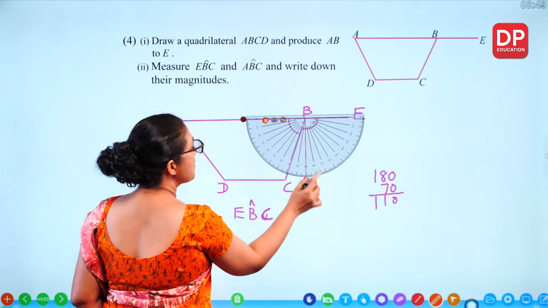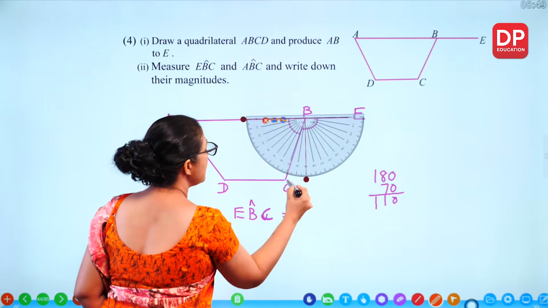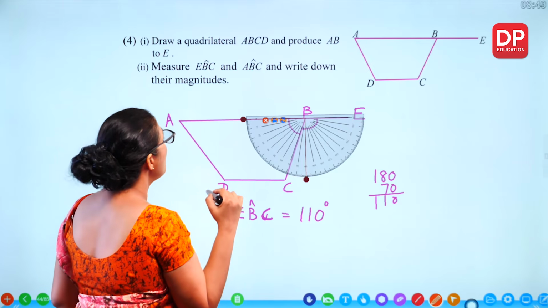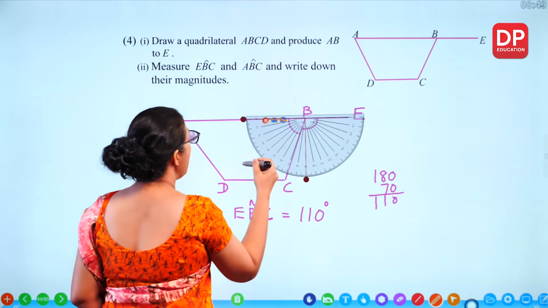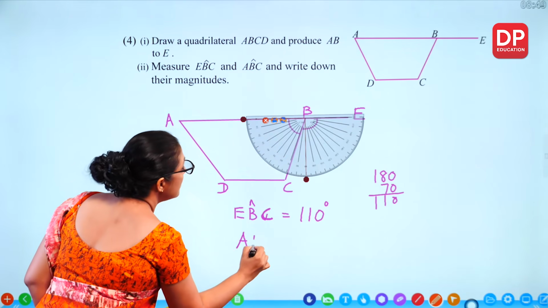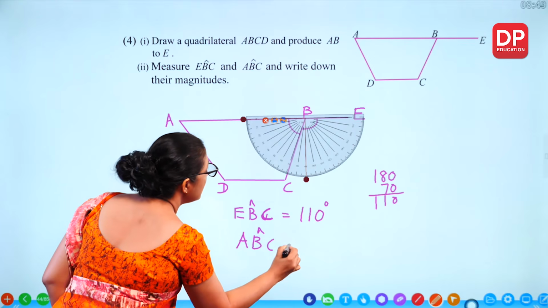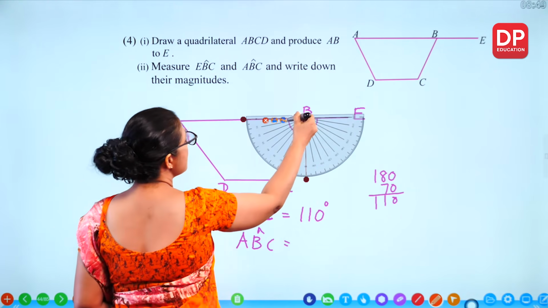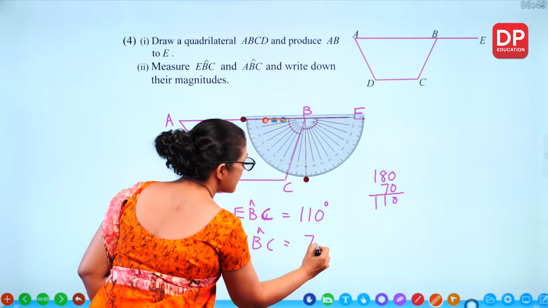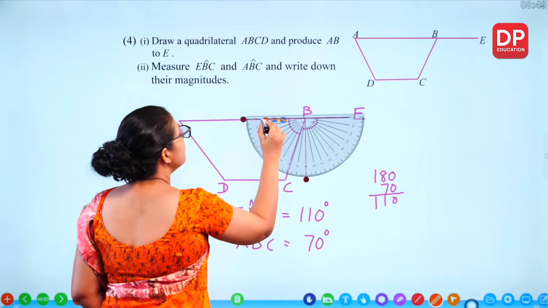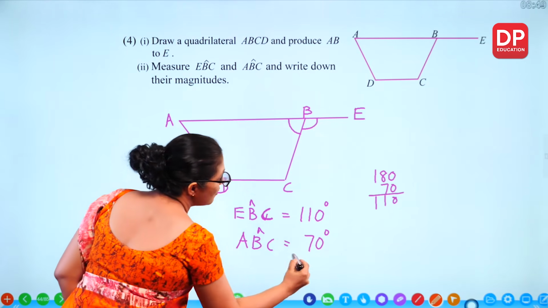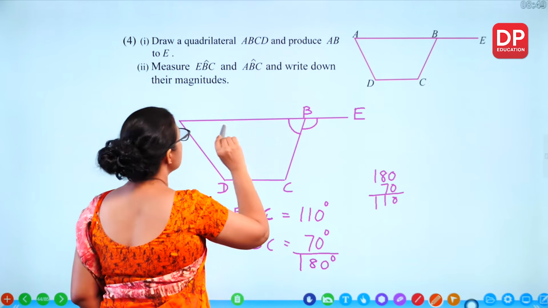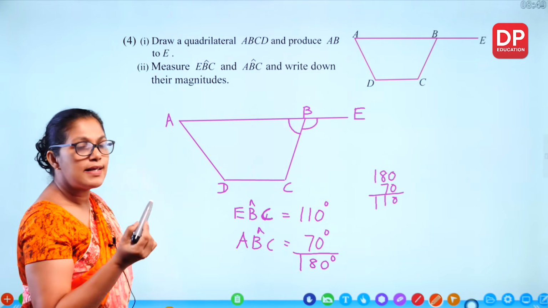So EBC angle is 110. Now what's this angle? ABC angle is from here to here. So I get here to here 70 degrees. Now when you add it, you get 180 because ABE is a straight line.